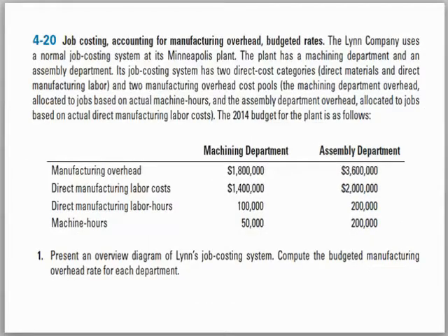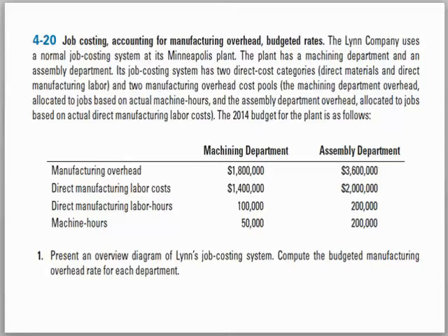Third example, 4-20. Job costing, accounting for manufacturing overhead, budget rates. The Link Company uses a normal job costing system at its Minneapolis plant. The plant has a machining department and an assembly department, so there are two cost pools.